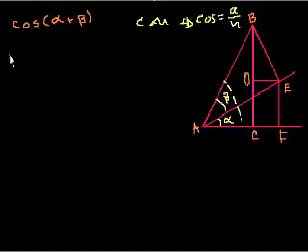So that equals the length of line AC over the length of the hypotenuse, which is AB. AC over AB. Now let's see what we can do with this.